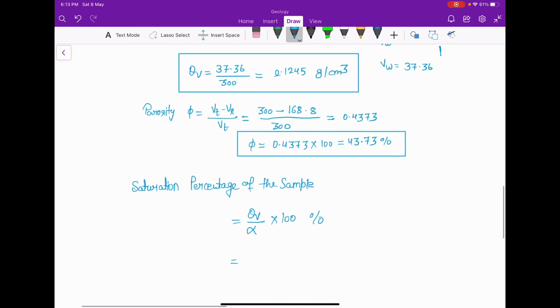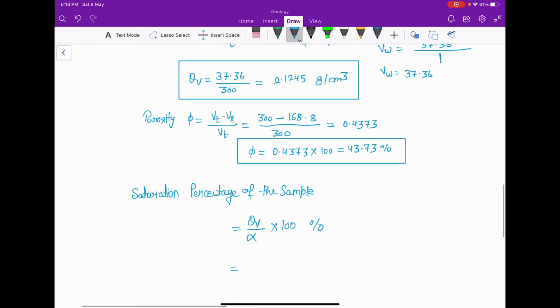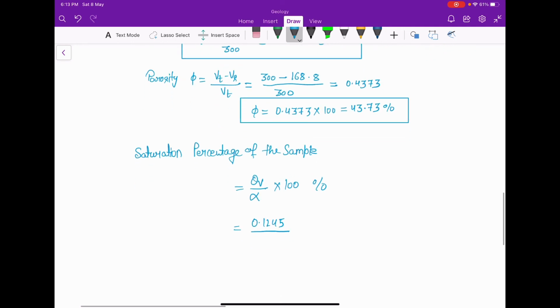So theta V is 0.1245, and alpha is 0.4373, times 100, which is equal to 28.47%.